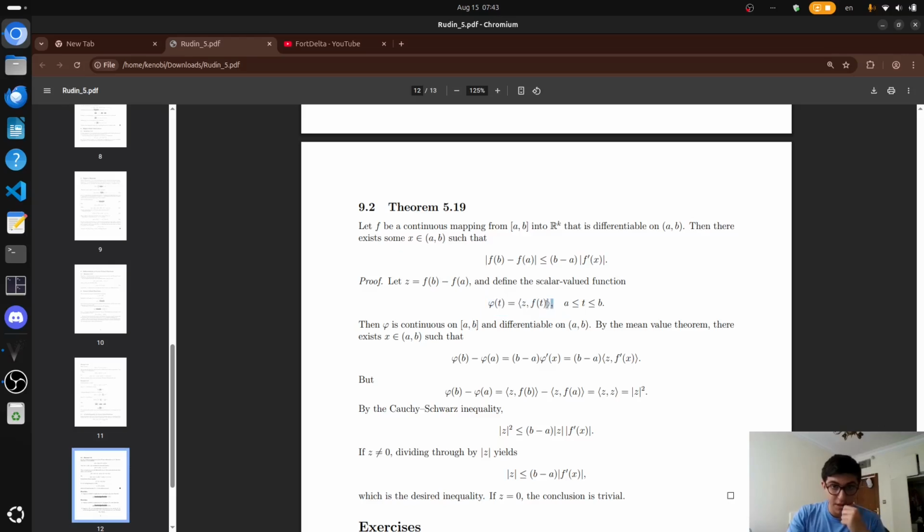So replace t with b and a over here, and you're going to get this. Take the difference, and you can factor out the dot product, so it's going to be z dot (f of b minus f of a), but f of b minus f of a is z, so it's just going to be z dot z, which is the norm of z squared. So you can just replace this over here.